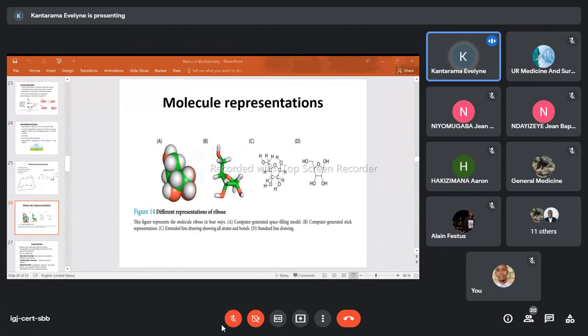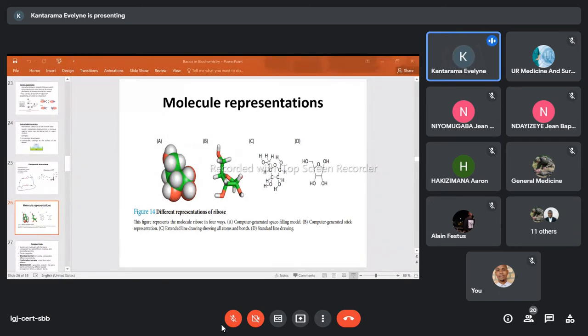And D is a standard line drawing, the most used in teaching, when we are trying to write on a blackboard or on paper. But this is the same molecule represented differently, just to show molecule representations.